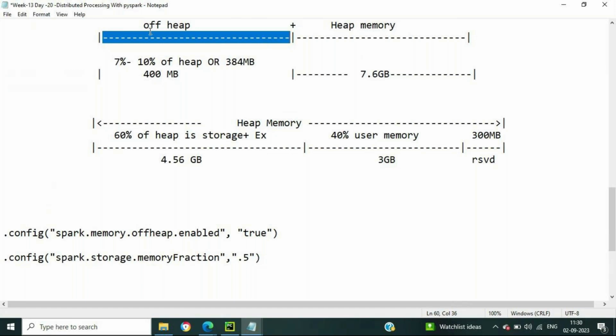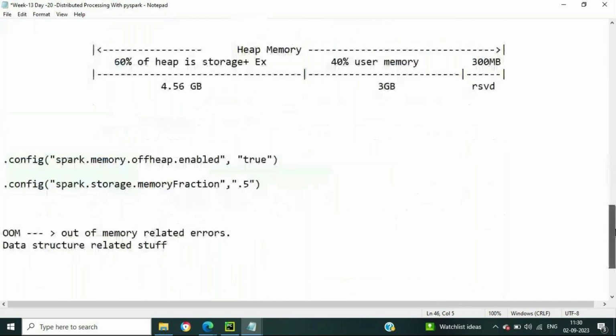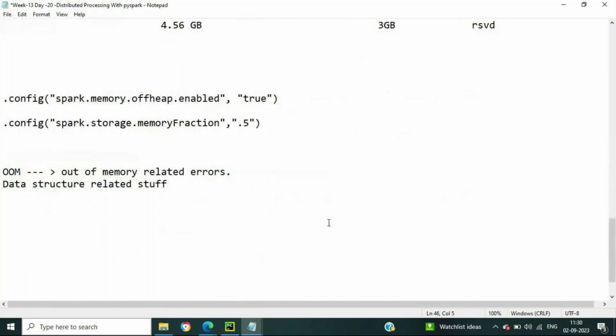So for off heap memory related things, we have a garbage collection interval: spark dot cleaner dot periodic GC dot interval.